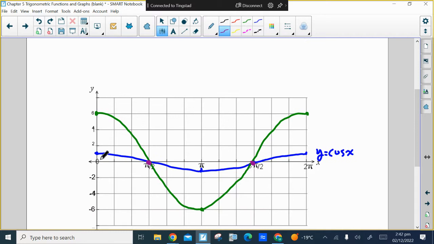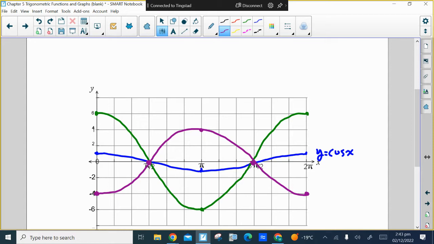So this +1 gets multiplied by -4. This -1 gets multiplied by -4, becomes +4. The ending point, the y value of 1, gets multiplied by -4. So there's that graph, and the amplitude is 4, the absolute value of a.